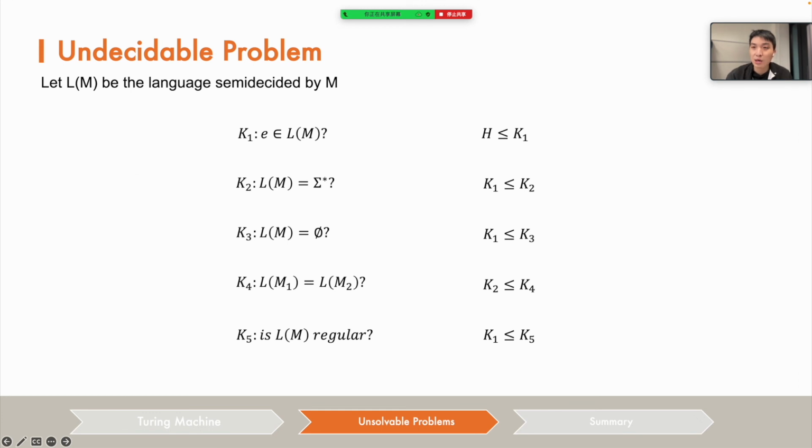Besides the halting problem, we have learned some other undecidable problems. Let LM be the language semi-decided by M, and then we have the following problems. To prove these problems are undecidable, use the reduction technique too.